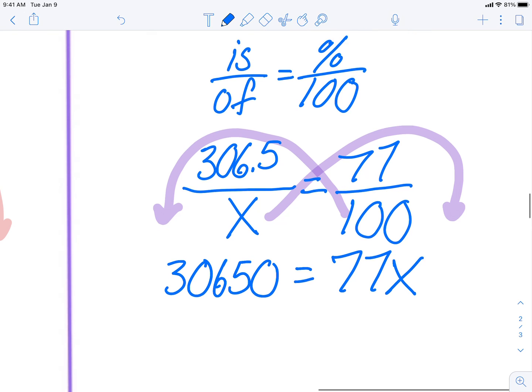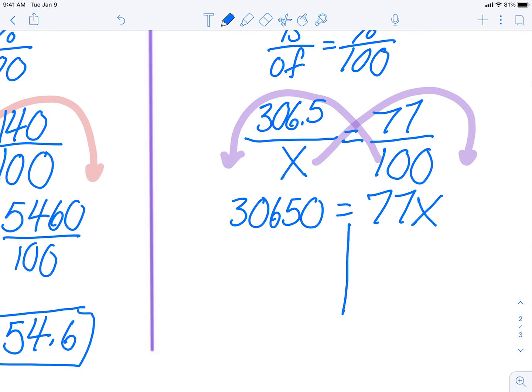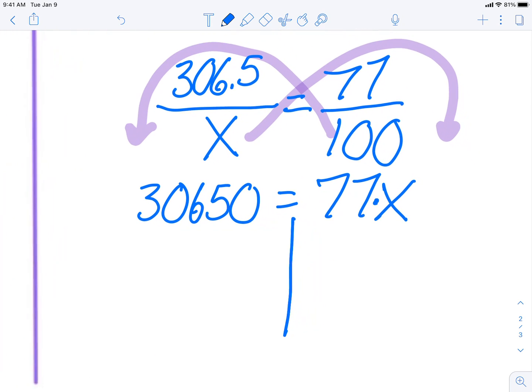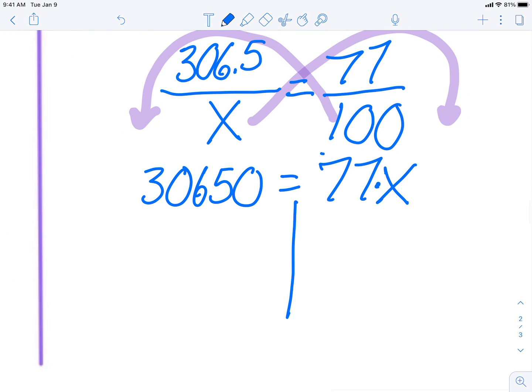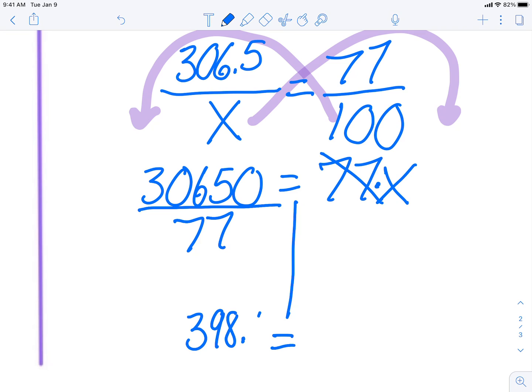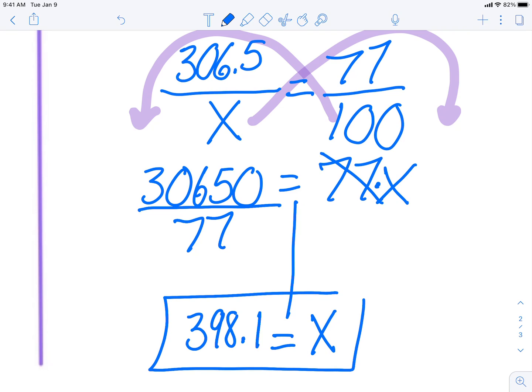And now we draw our line of separation, and we know 77x means 77 times x. So the opposite of multiplying by 77 is dividing by 77. So 30650 divided by 77 is equal to 398.1, which is x. And that is my solution.